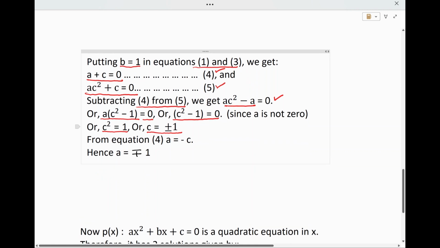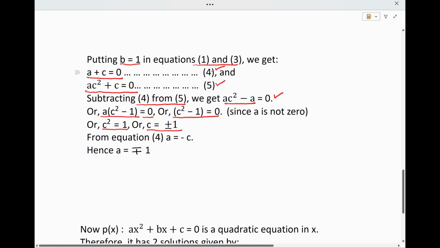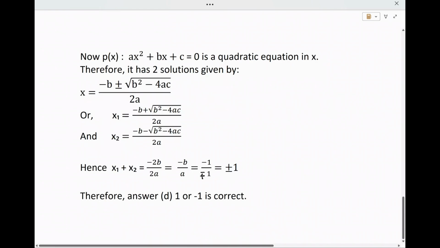From equation 4, we note that a + c = 0, therefore a = −c. Since c = ±1, we get a = ∓1.